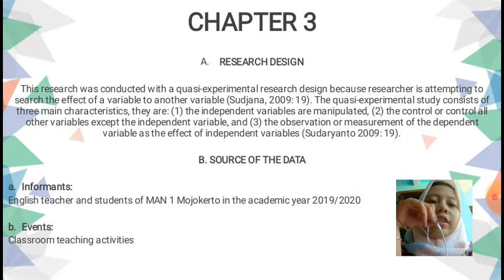Chapter 3. First is research design. This research was conducted with a quasi-experimental research design because the research is attempting to search for the effect of a variable on another variable. Sugiyono, 2009:16. The quasi-experimental study consists of three main characteristics: the independent variable, the manipulation, the control of all other variables except the independent variable, and the observation or measurement of the dependent variable as the effect of the independent variable.